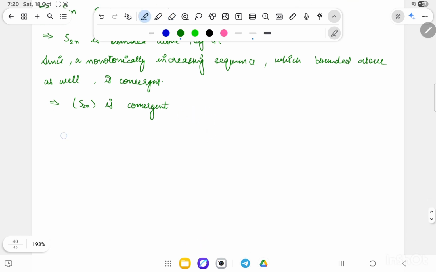Now let's assume that this converges to something, say s. Let the limit of s2n be s as n approaches infinity. And also the necessary condition is that the limit as n approaches infinity of u2n plus 1 is equal to 0.